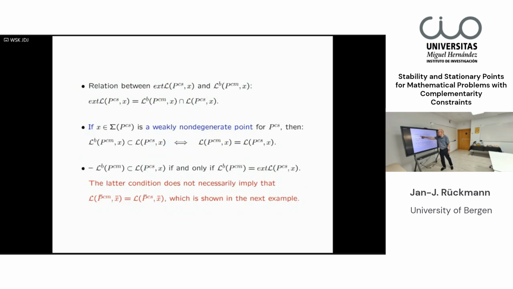Here is S, and here we have the M stationary point set. Okay. So then, of course, you can prove several properties here, and we have here in red that this latter condition implies that these two sets are equal, and it is shown in the next example. I will skip the example here.